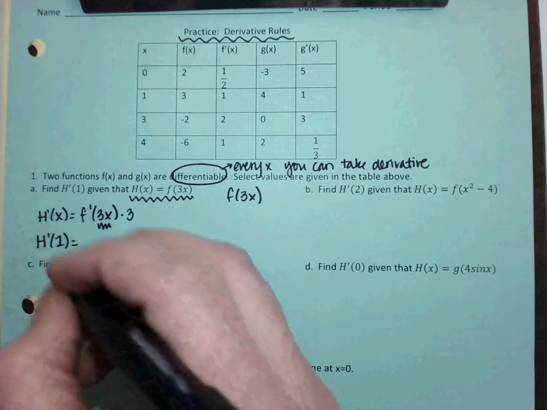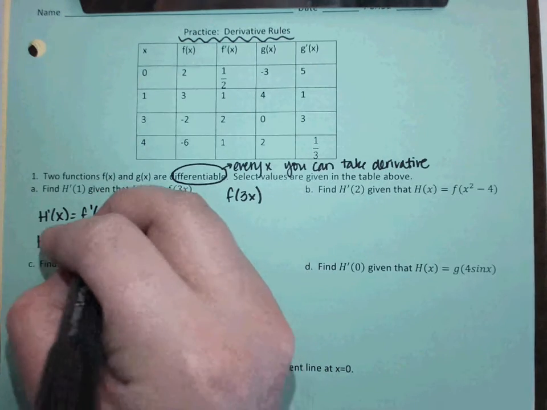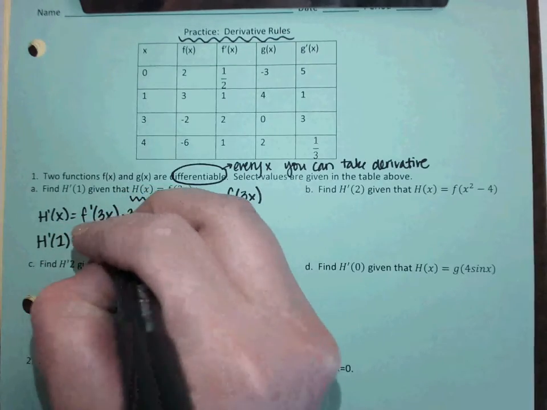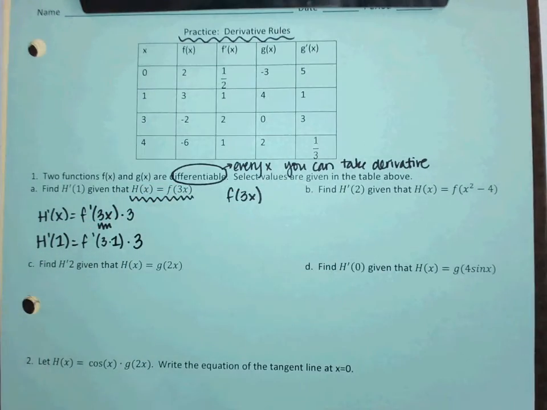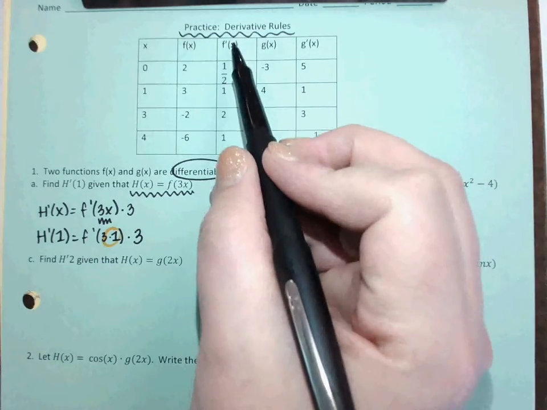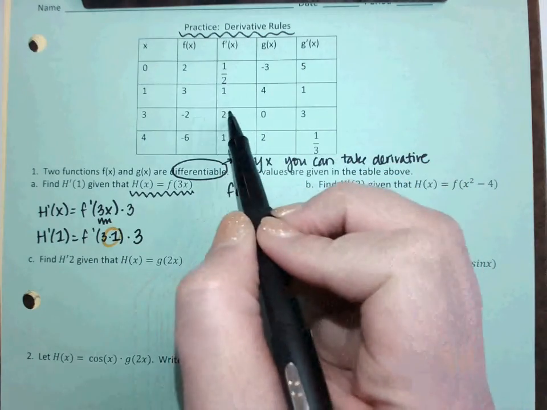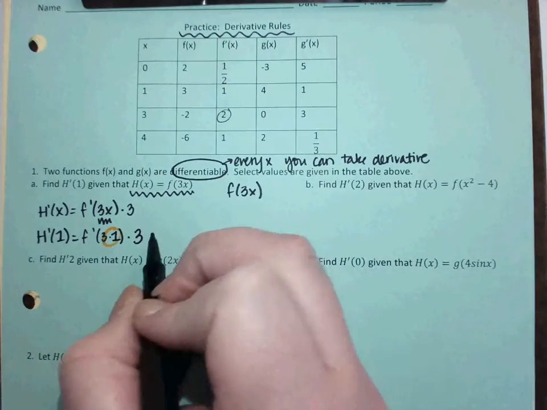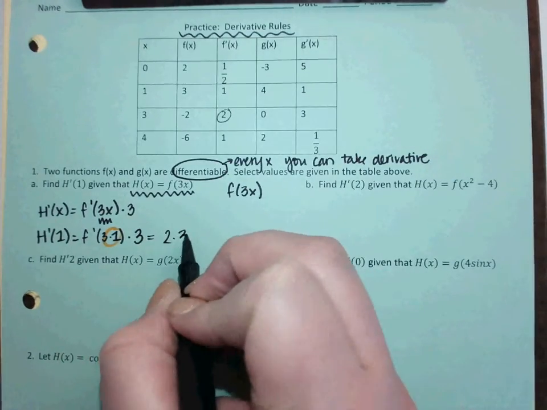I'm going to find f prime of 3 times 1, and then multiply that by 3. Keep in mind, that's a PEMDAS type thing, so you have to find that number in the middle first. If it's 3 times 1, that's really a 3. What's f prime of 3 in the chart? F prime of 3 is a 2. 2 times 3 is 6. Make sense?